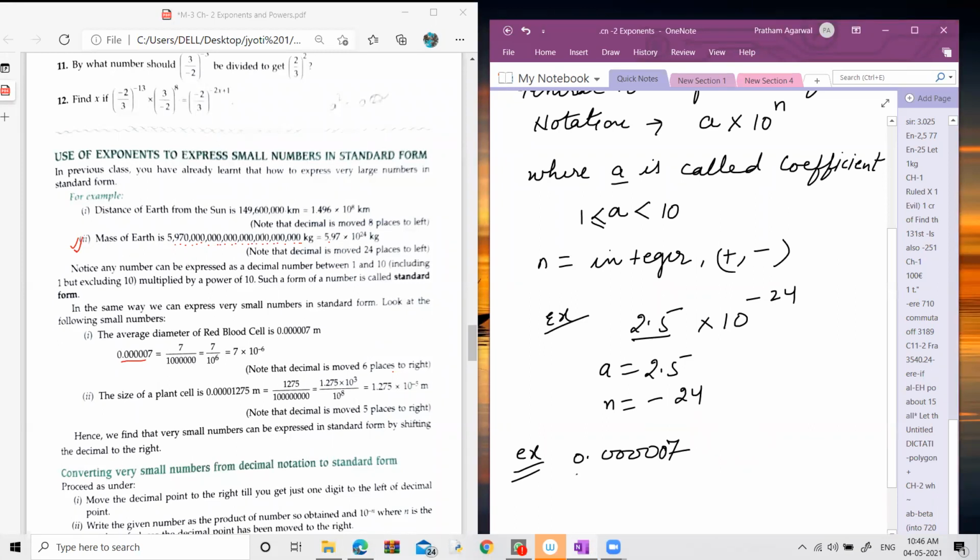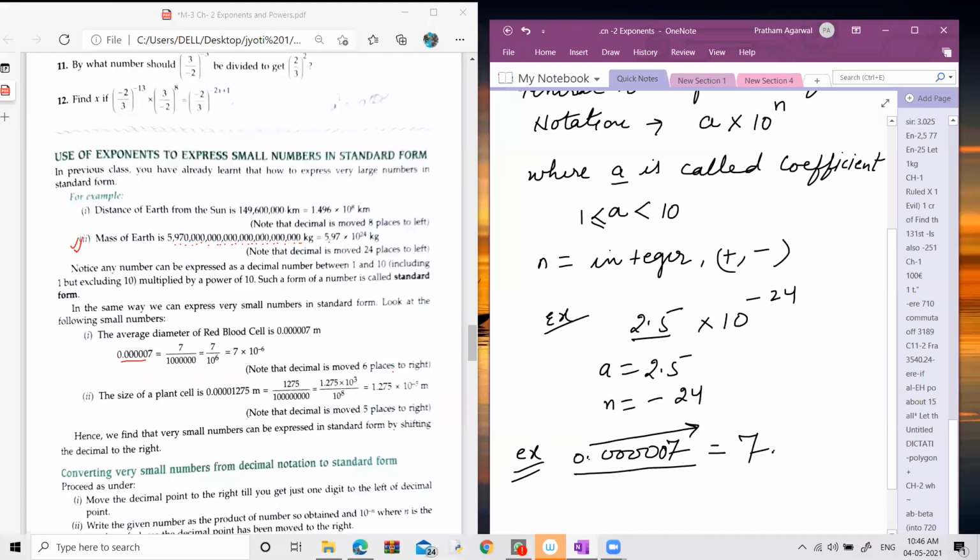Now, how can we write this number in standard form? For this, you have to shift the decimal from left to right, so that the decimal is after one digit. The 7 is the single digit, excluding 0.